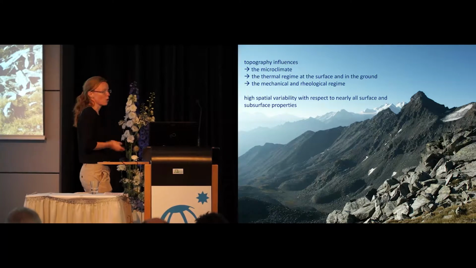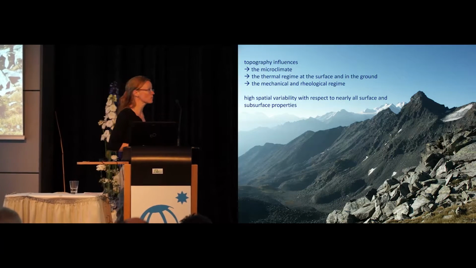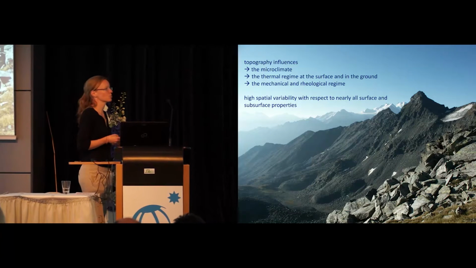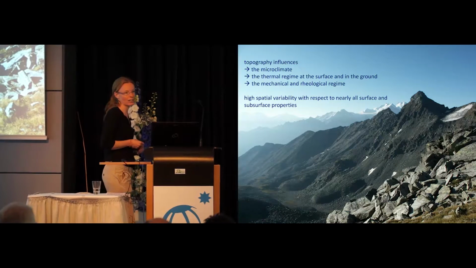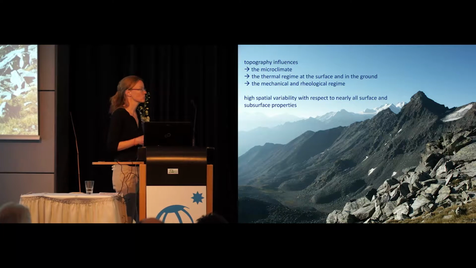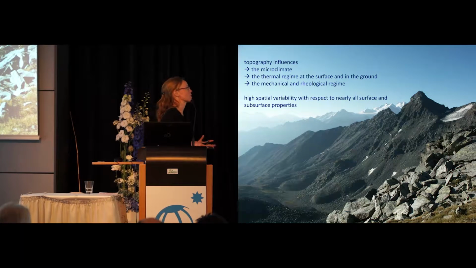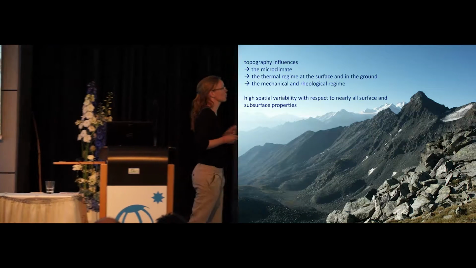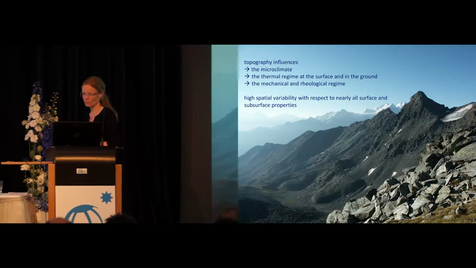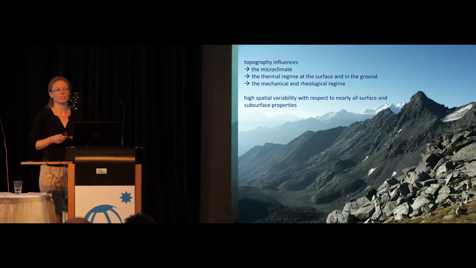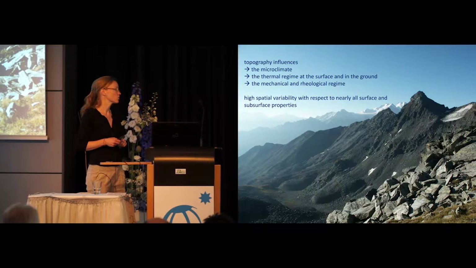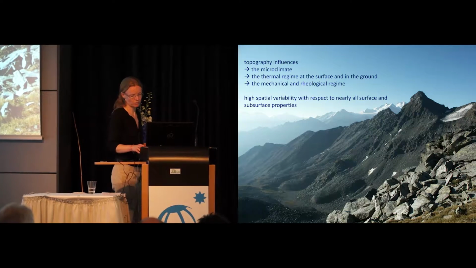The topography influences the microclimate, the thermal regime at the surface as well as in the ground, and this also influences the mechanical and rheological regimes. So there is high spatial variability with respect to nearly all surface and subsurface properties. And this makes it so difficult to measure permafrost in these areas and also to model it.